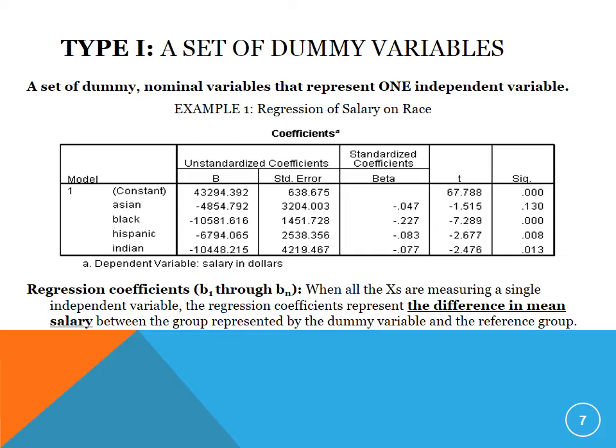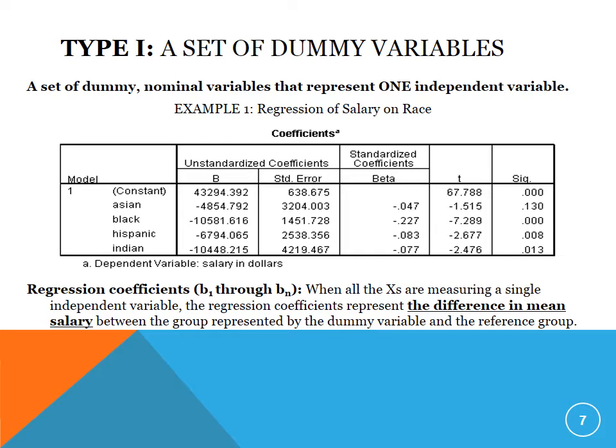Well, we know from our bivariate lecture 6 that the other numbers are our regression coefficients. We now have multiple regression coefficients and not just one, right? So when all the x's are measuring a single independent variable, the regression coefficient represents the difference in mean salary between the group represented by the dummy variable and the reference group.